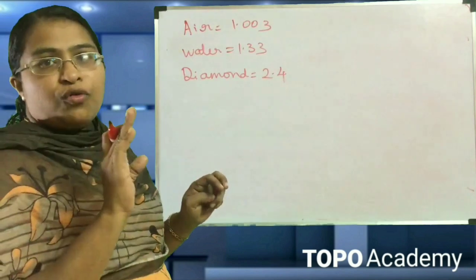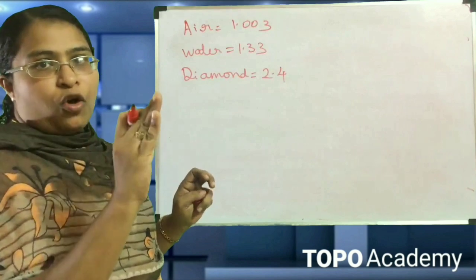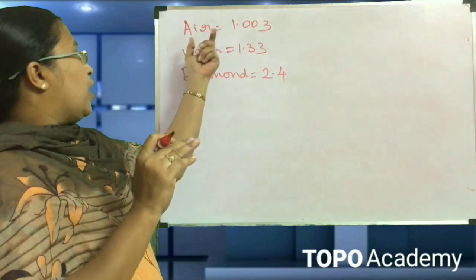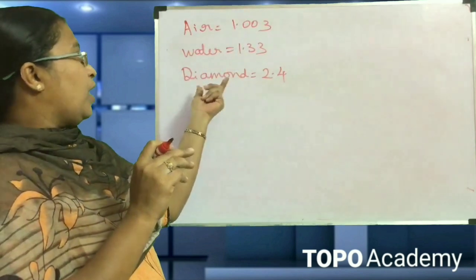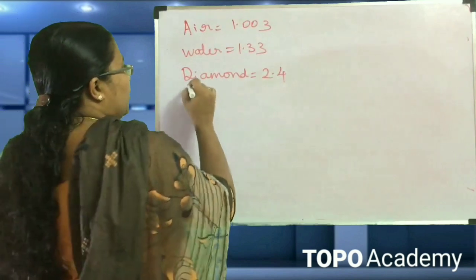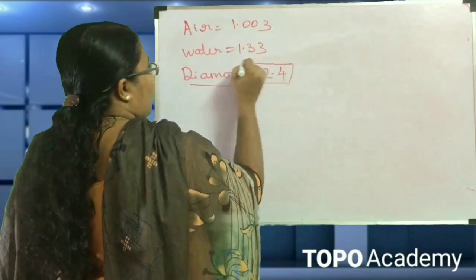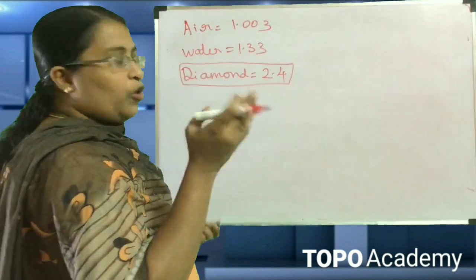Refractive index has no units because it is the ratio of velocities in two media. So it has no units. Diamond has the largest refractive index, 2.4.